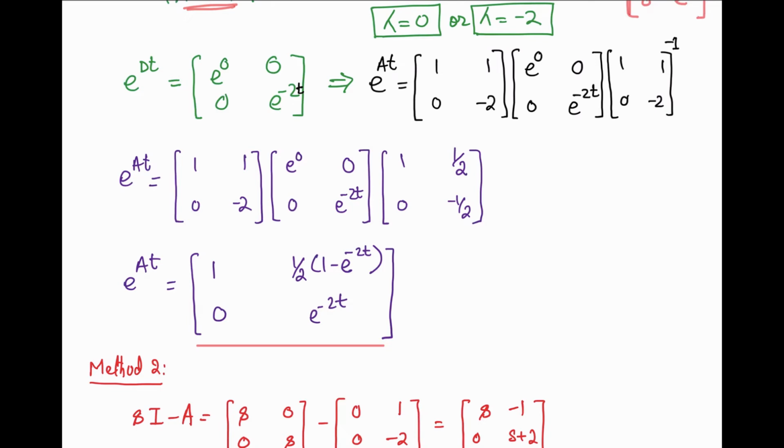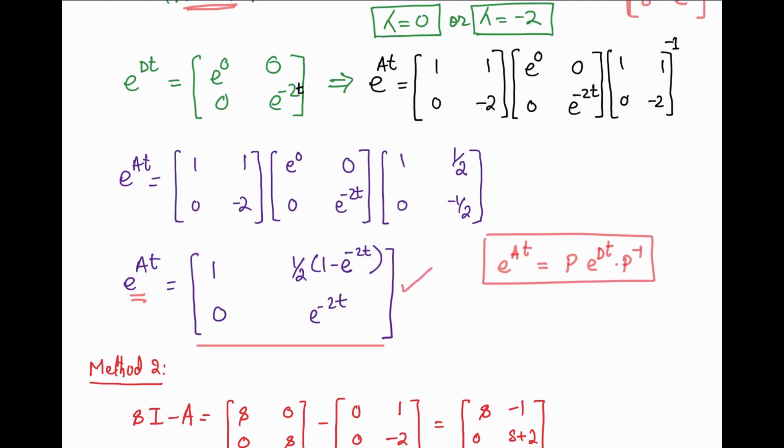That is the forced response of your system. So with the help of this state transition matrix, you can determine the response of your system. So we have seen the method, that is P into e raised to the power Dt into P inverse. With the help of this equation, you can determine the state transition matrix.